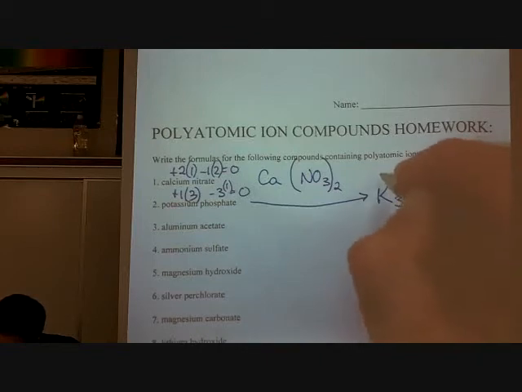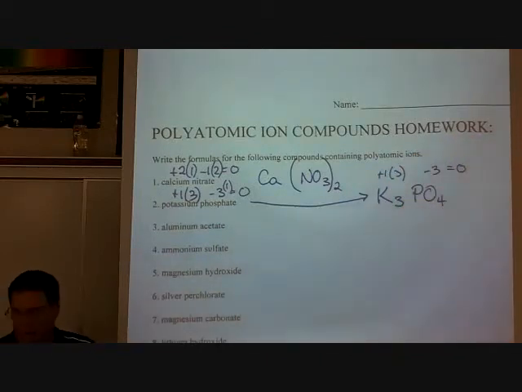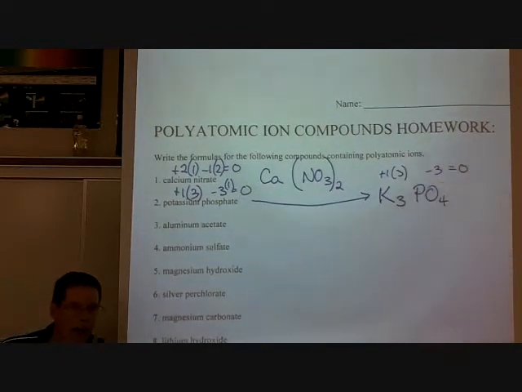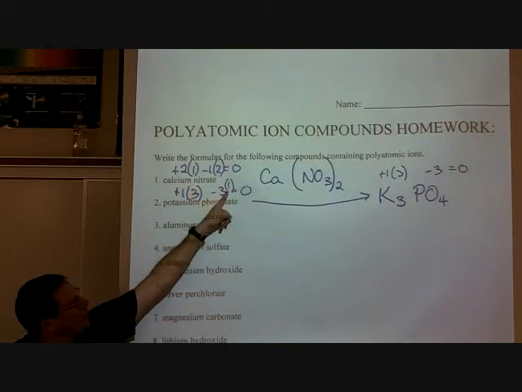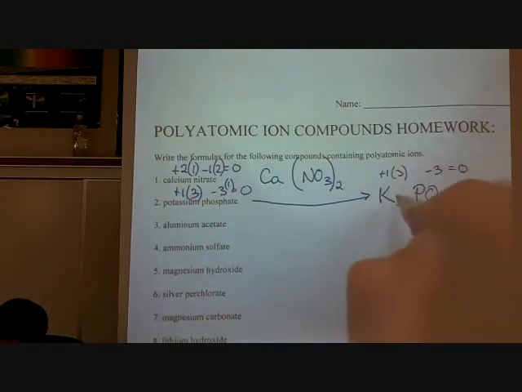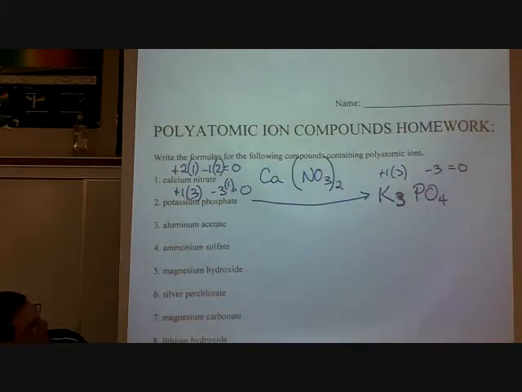That's -3, potassium has a +1, I need 3 of those. That equals 0. Everything's great. Whatever's in my parentheses for my algebra only, that's how many I have. So K3PO4 is potassium phosphate.